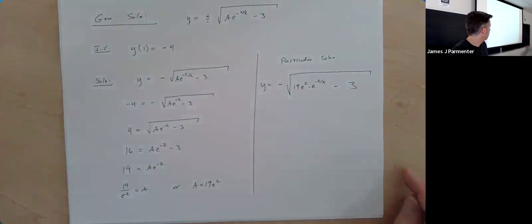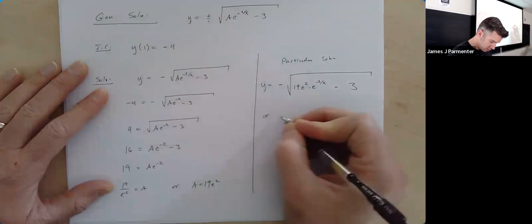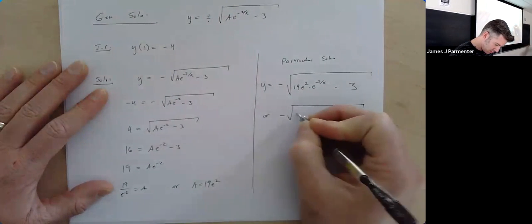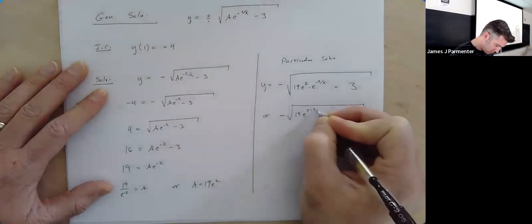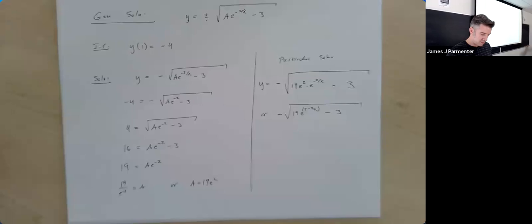And if you were someone else, you might combine those e's together and write it as e to the 2 minus 2 over x. That would also be totally fine.